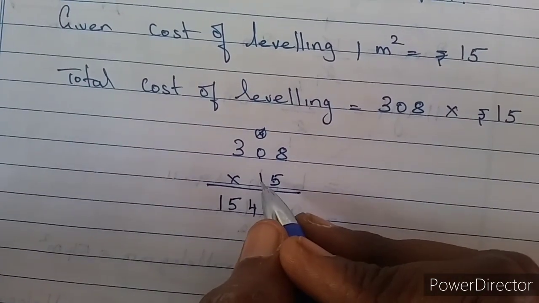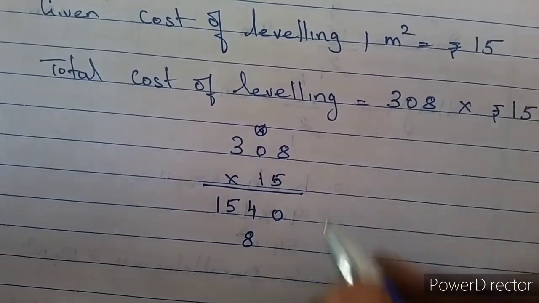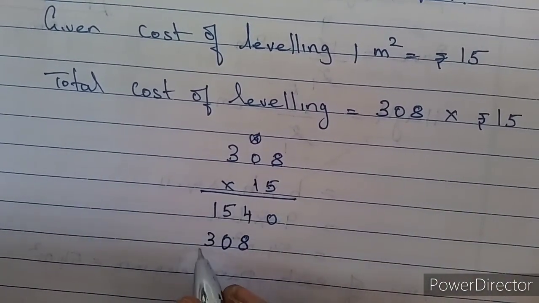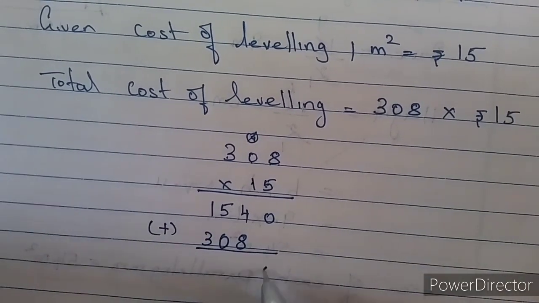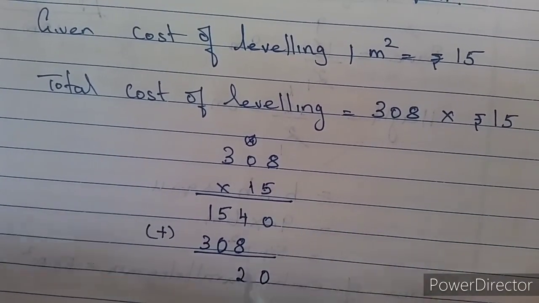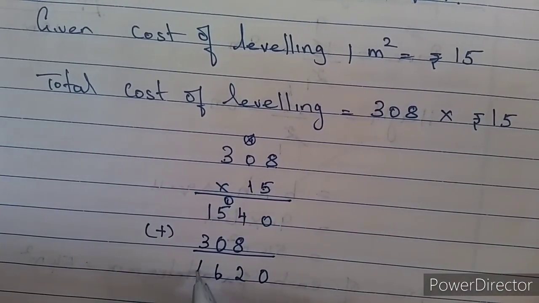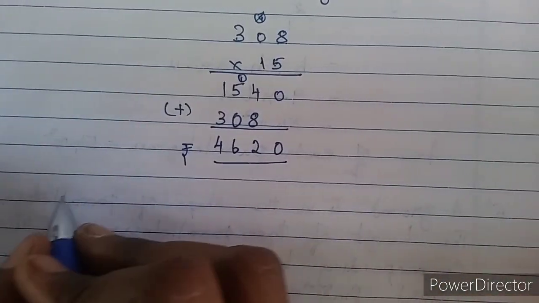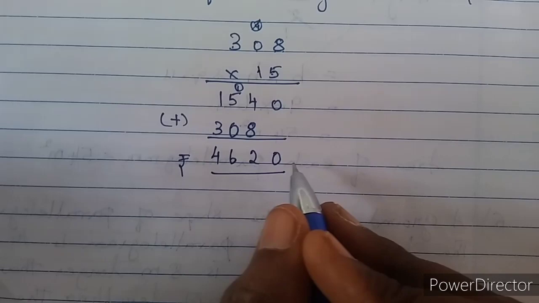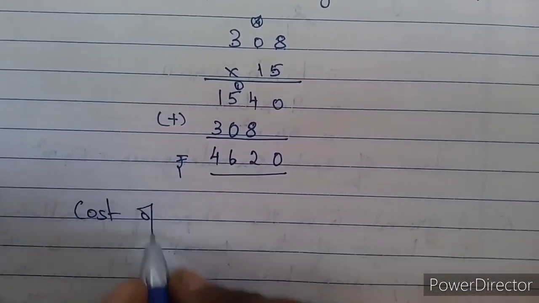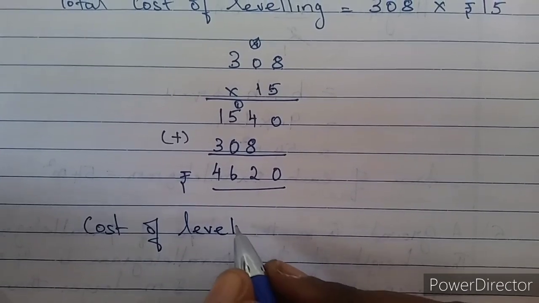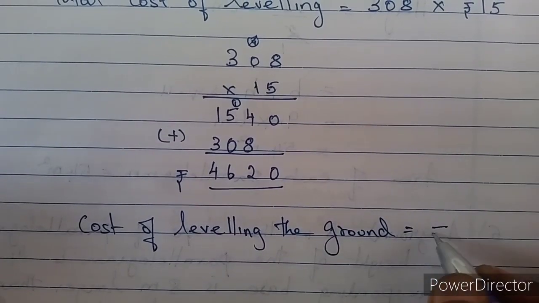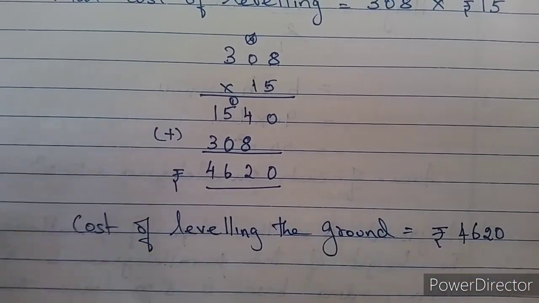Now, move on to the next number. 1 8s are in the tens place, 8. 1 zeros are 0. 1 3s are 3. Add 0, 8, 9, 10, 11, 12. Carry over 1, 6, 4. So, we need rupees 4,620. So, cost of leveling the ground is equal to rupees 4,620.